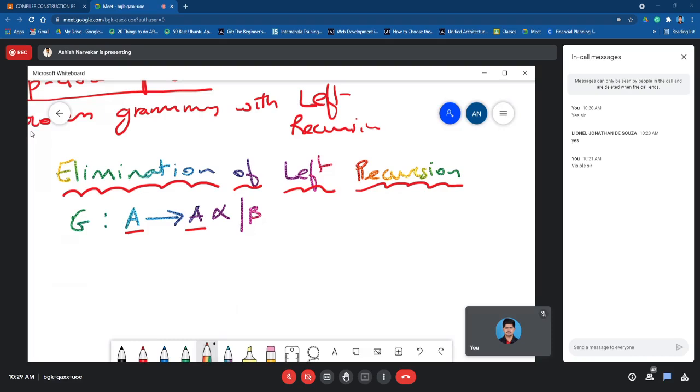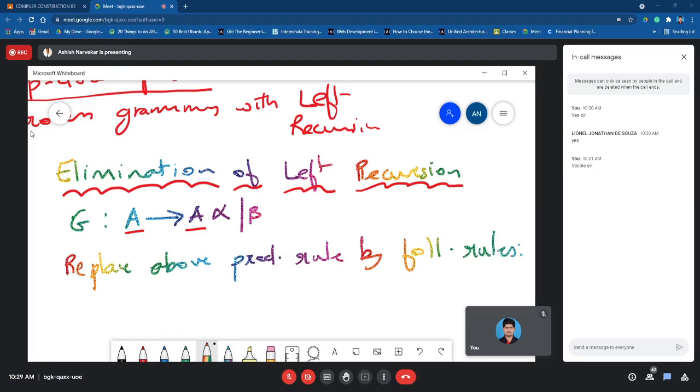So what we do is we can replace the above production rule by the following rules. Replacing the above production rule means we write the production in the form of two production rules as A derives beta A dash, and A dash derives alpha A dash or epsilon.